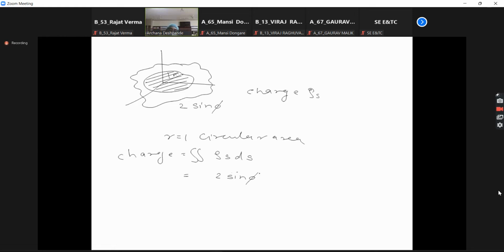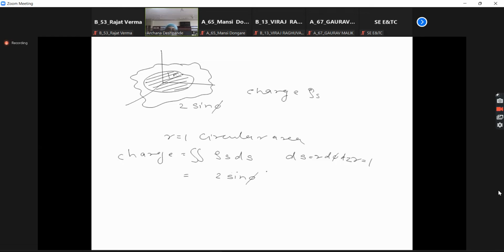If the coordinate system is rectangular, you use the formula for rectangular; if it is circular, you use the formula for circular. So now we will write down the expression for ds for the r is equal to one surface. For the r is equal to one surface, I am going to multiply r d phi and dz. So that becomes my ds.